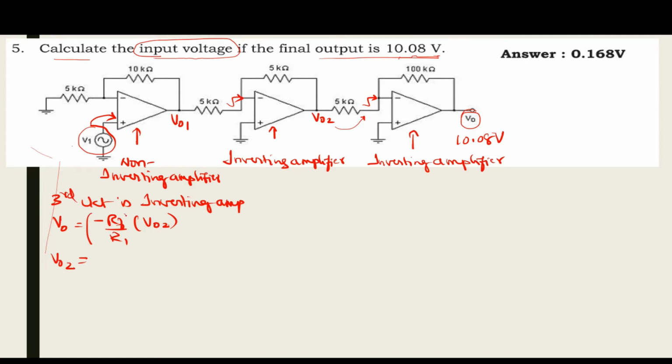So what happens? This ratio will go here with a reciprocal. That means R1 becomes the numerator, RF becomes the denominator. So it becomes minus of R1 by RF into VO. That is minus, what is R1? 5 kilo ohm, RF is 100 kilo ohm into VO is 10.08 volt.